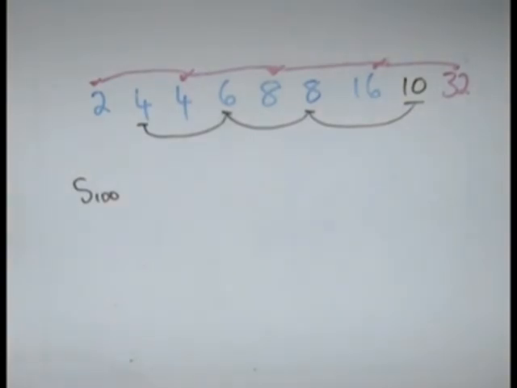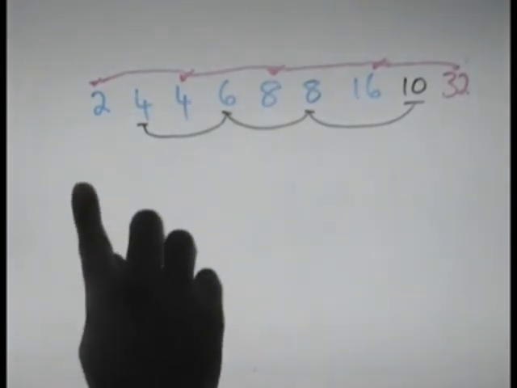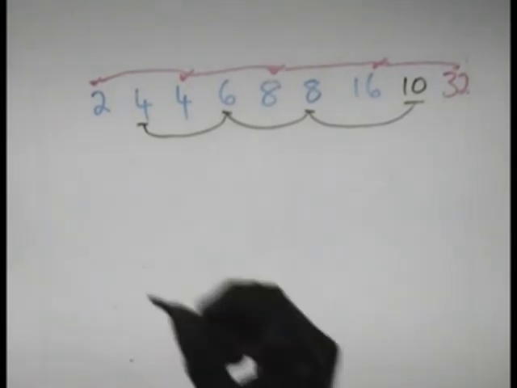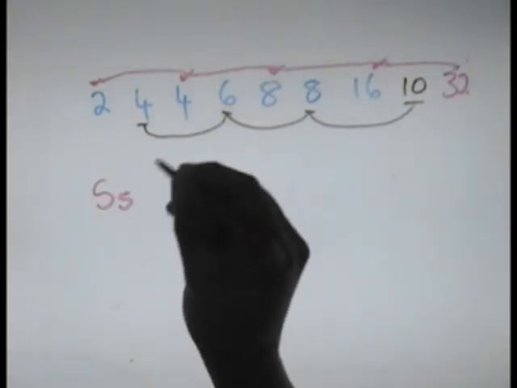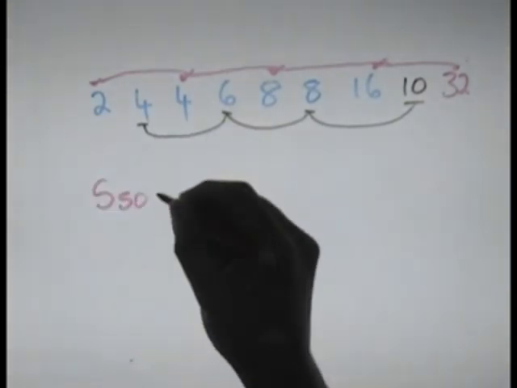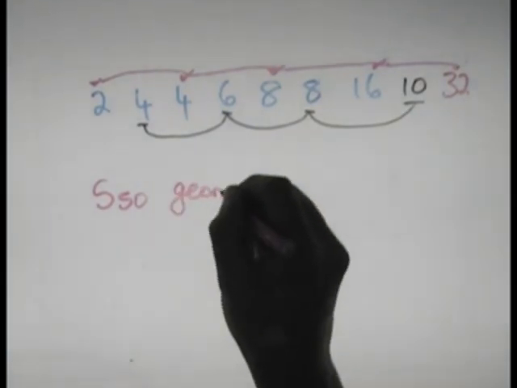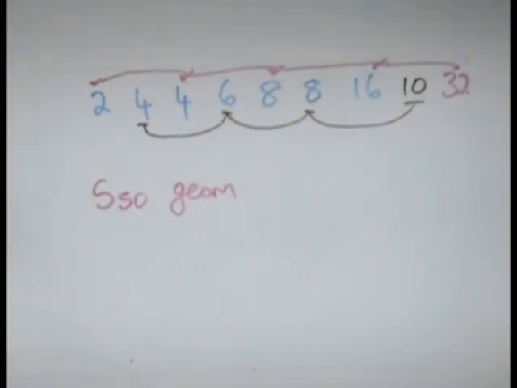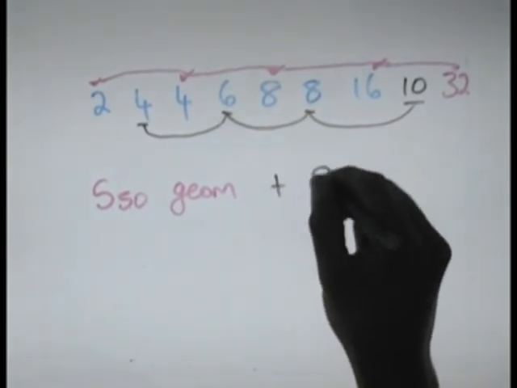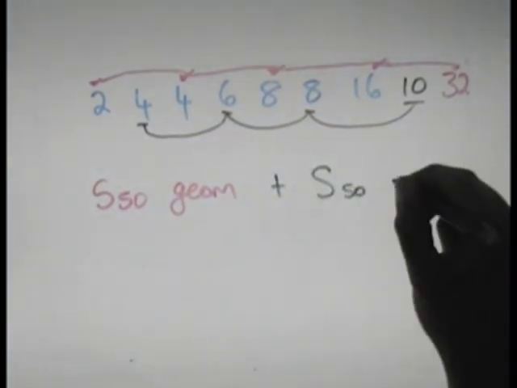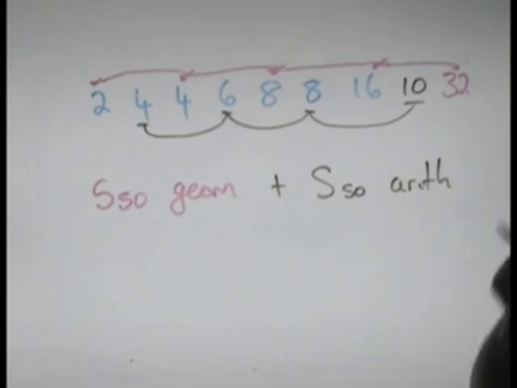What I'm going to have to do here is I'm going to have to find my geometric series separate from my arithmetic. Now if I'm looking for my sum of 100 terms, wouldn't it be the sum of the first 50 terms geometric plus the sum of the first 50 terms arithmetic?